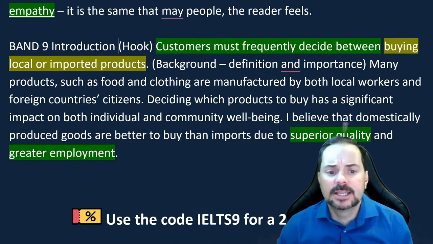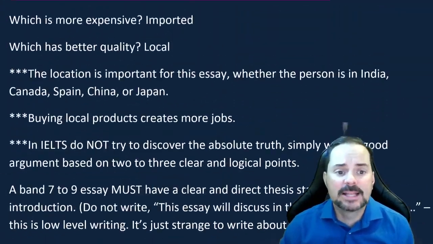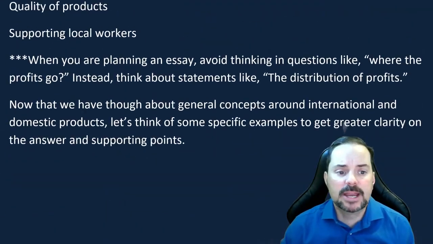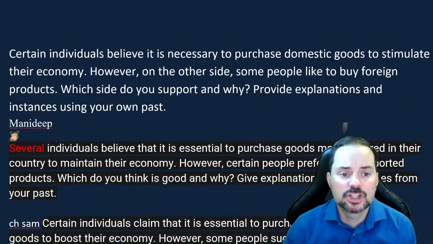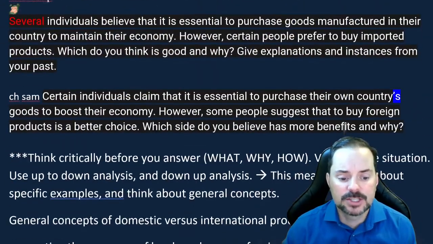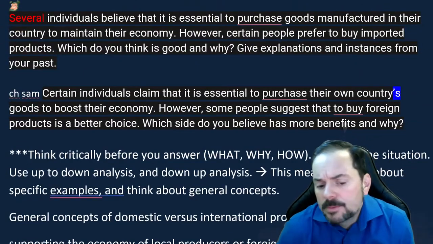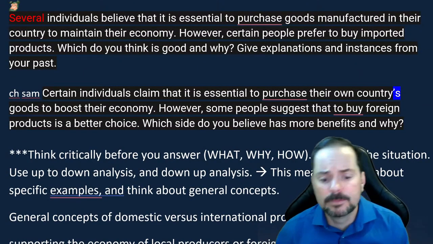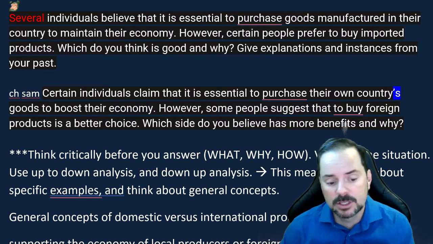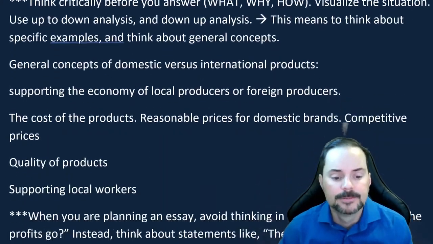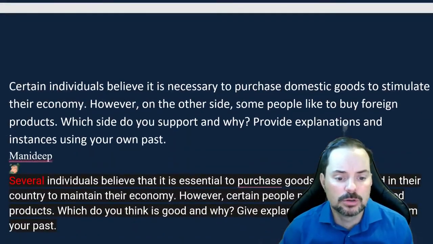So obviously this introduction is much better than a Band 6 introduction, which is just a paraphrase with this essay will. And I'll show you that just for interest's sake, because I know a lot of you are like, well, this is what my teacher told me and it'll get a good band score on the IELTS, but it won't. And if you did this before in the IELTS, you know it doesn't because you realize you didn't get a good score. So let me show you.